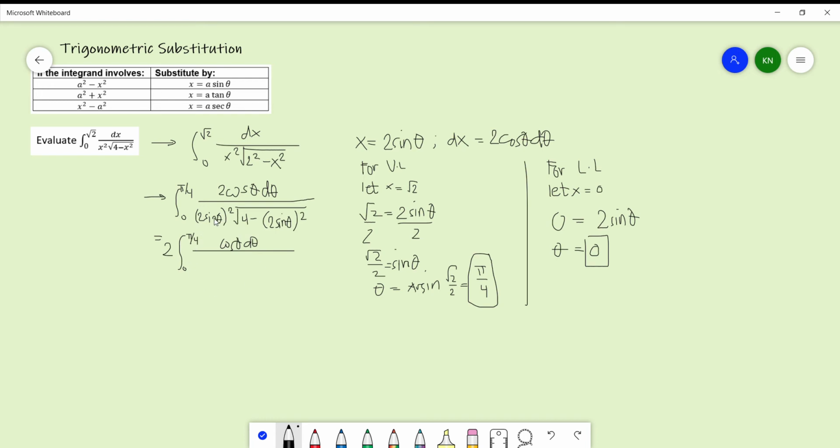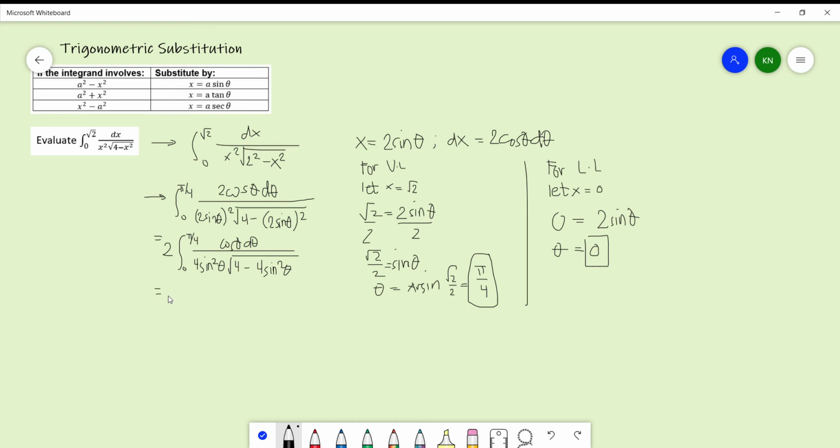So from this one, we have, as you can see, 4 sine squared theta. And then the inside of the radical sign, that is 4 minus 4 sine squared theta, right? Then afterwards, we can factor this 4 here.